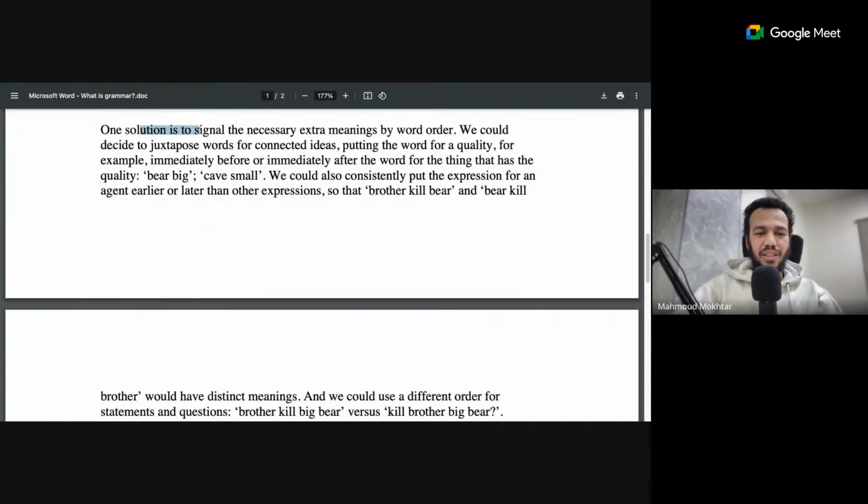One solution is to signal the necessary extra meanings by word order. So now we need word order, the sentence structure. That's the first thing. If we go back to the words, we could decide to juxtapose words for connected ideas.